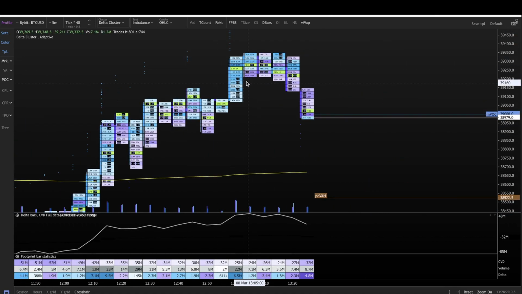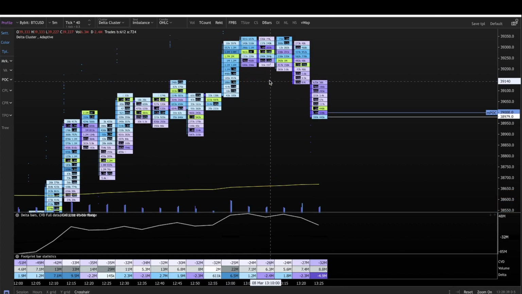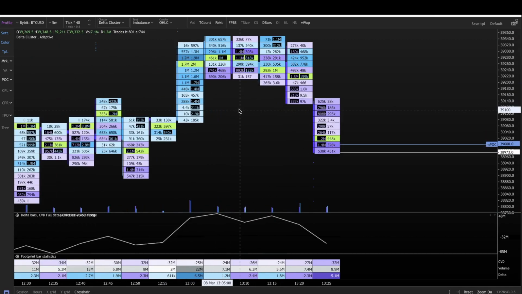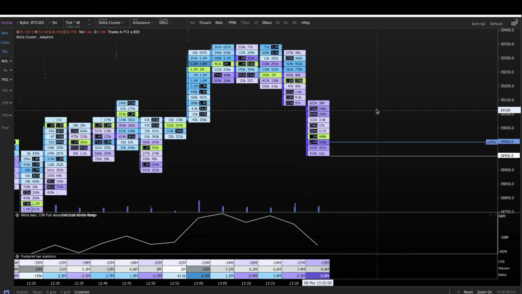We can see that we have this candle right here with 22 million volume, 6.5 million positive delta on a 5-minute candle. And then immediately once price starts to come down here, we have millions of trapped longs right in here, and so we could enter the short.